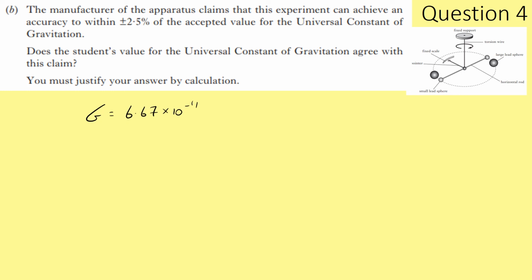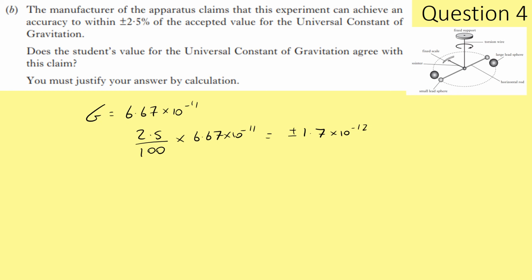So 2.5% of that is 2.5 divided by 100 multiplied by 6.67 times 10 to negative 11, which gives us a value of plus or minus 1.7 times 10 to the negative 12.